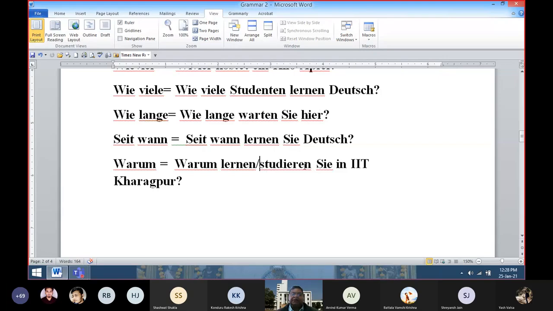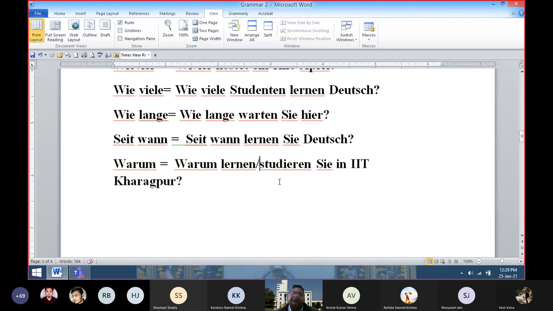Warum studieren Sie in IIT Kharagpur? Why do you study in IIT Kharagpur? Why are you studying in IIT Kharagpur? Why not in some other IIT? This is the meaning. So whenever the warum question, why, is asked, always some reason, some ground, one has to establish. One has to give some reason. Like: Warum lernen Sie Deutsch? Why are you learning German?